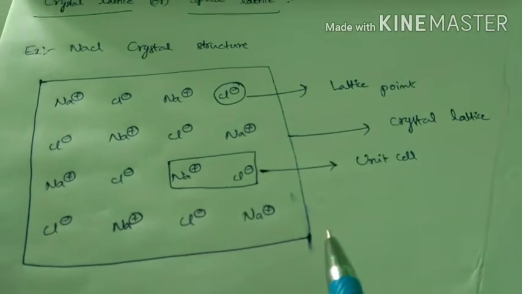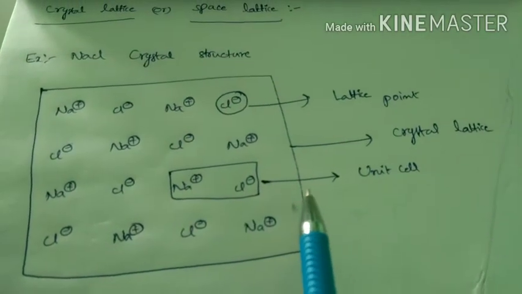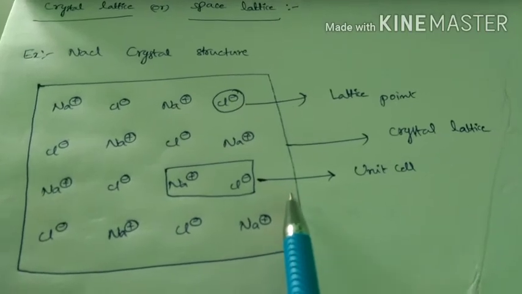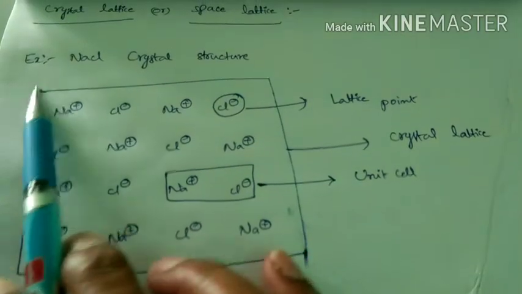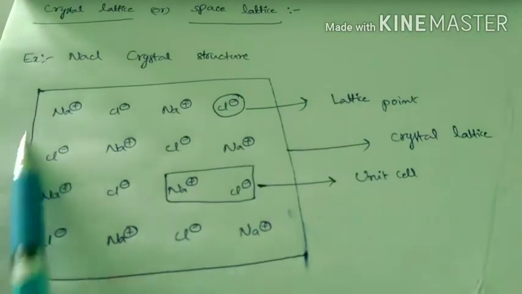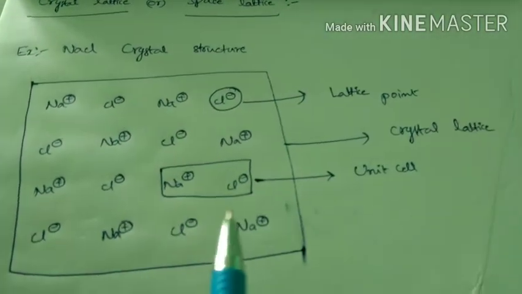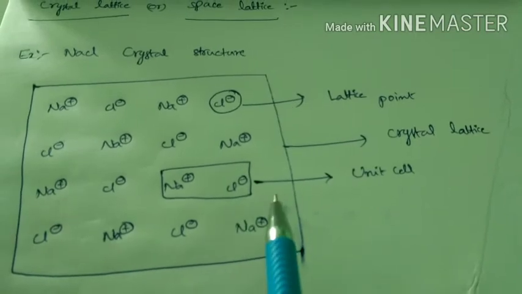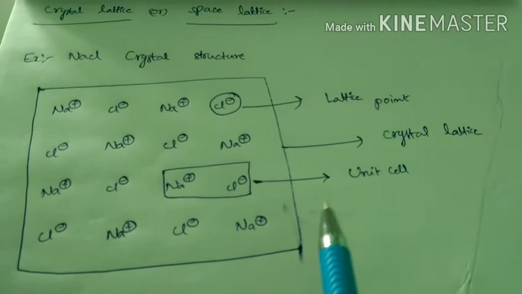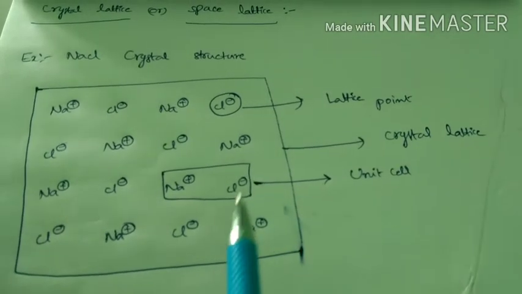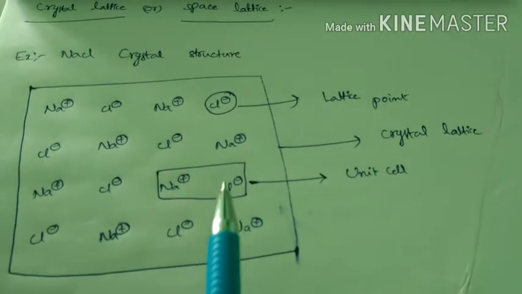So the definition here is, the smallest repeating unit in a crystal structure is called the unit cell. That is the definition of unit cell. And one more definition is there, that is crystal lattice.